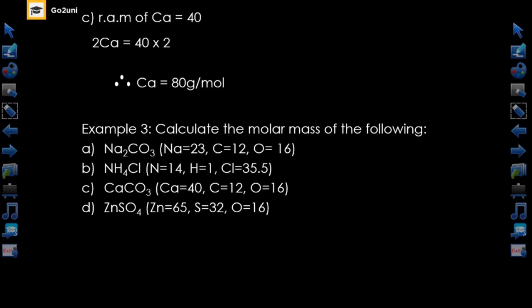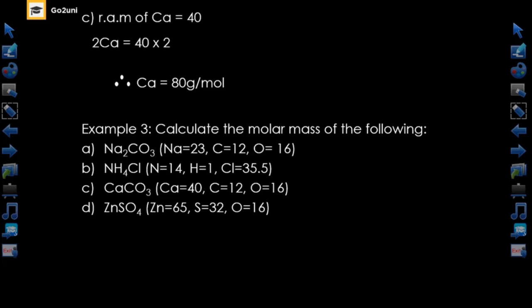We are asked to calculate the molar mass of the following compounds: sodium carbonate, ammonium chloride, calcium carbonate, and zinc sulfate. In parentheses we have been given their relative atomic masses. Sodium is 23, carbon is 12, oxygen is 16, nitrogen is 14, hydrogen is 1, chlorine is 35.5.